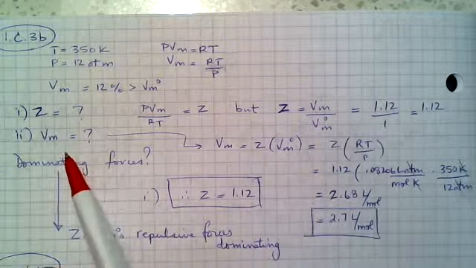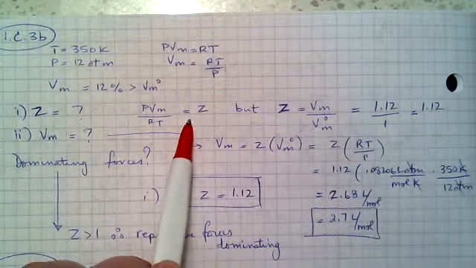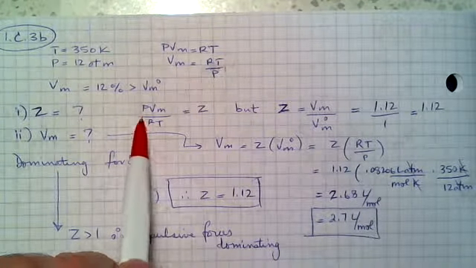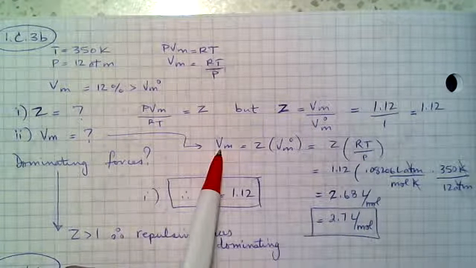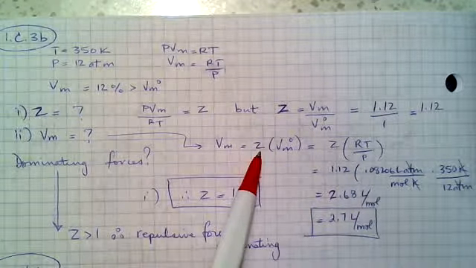And so then what is my molar volume? Now that I know what Z is, and I was given T, and I have R, and I was given pressure, I rearrange this for the molar volume.